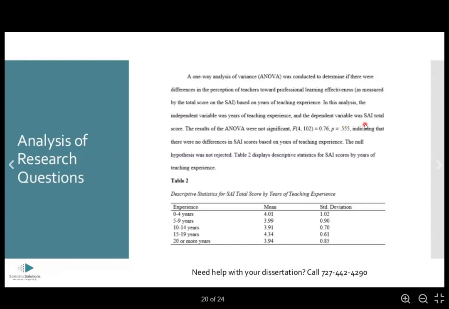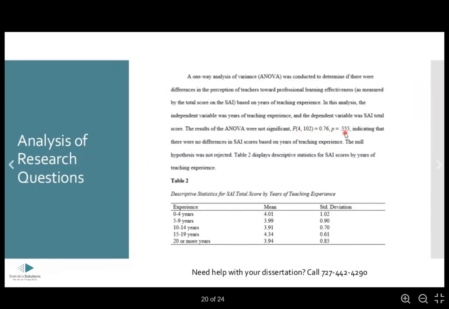Our dependent variable remains the same. You'll notice here that the reporting of this information looks slightly different. For the ANOVA, we're providing the F statistic, F as in Frank, and we're providing 2 degrees of freedom instead of 1 as we did with the t-test. So just a few things to be aware of. Just make sure you're checking in with the type of test that you're doing.